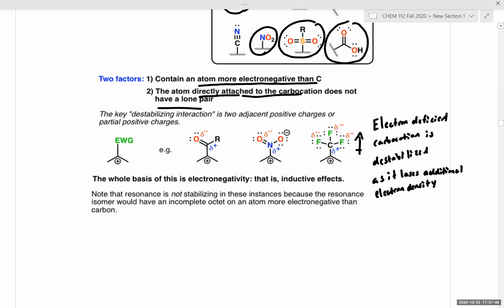So in general, if you try to generate a carbocation adjacent to an electron withdrawing group, you're going to end up with a relatively unstable carbocation that is not very likely to form.